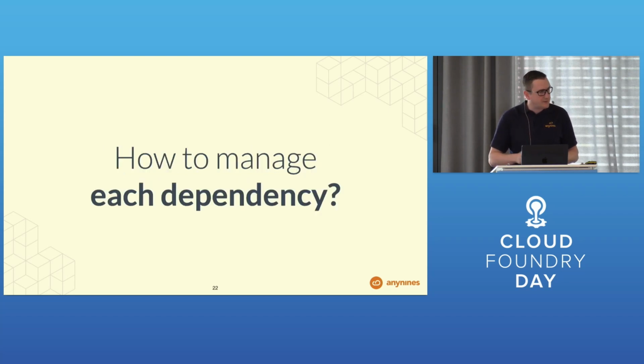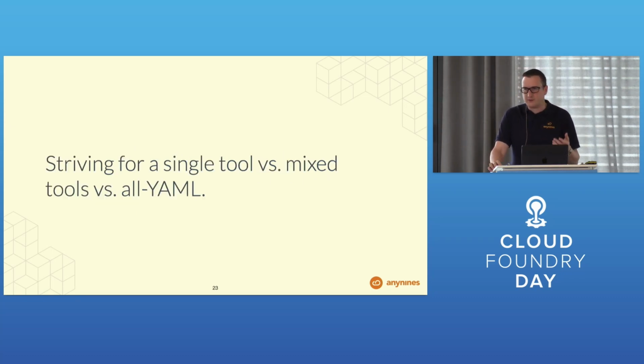So once you think about an upgrade, you also have to think about upgrading the dependencies, which boils down to the same question: how do you lifecycle manage the dependencies? A best practice here would be to look up the dependency, look up the documentation, and see what's the preferred method that ships with each release of that dependency. So this could be a very well-grounded description on how to use YAML, which a lot of components do.